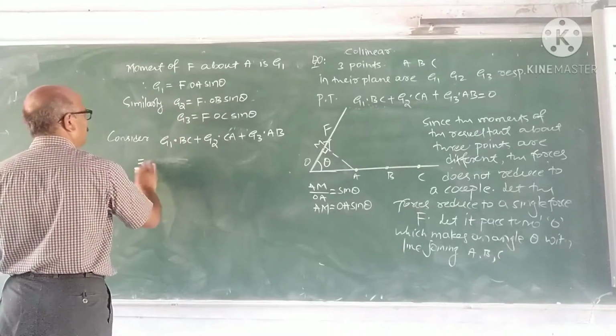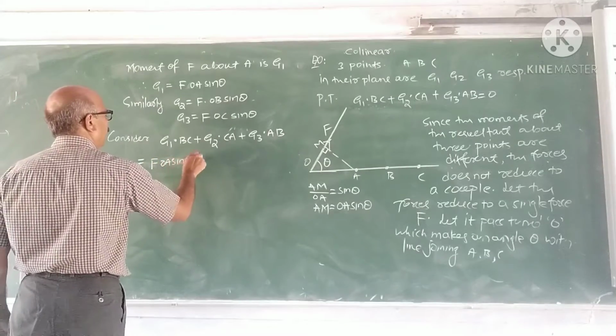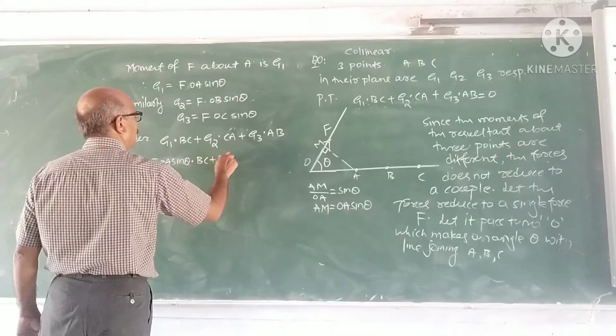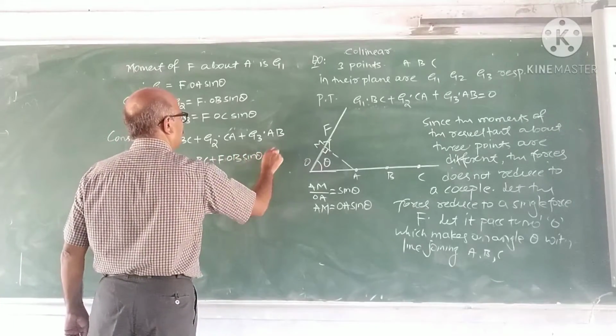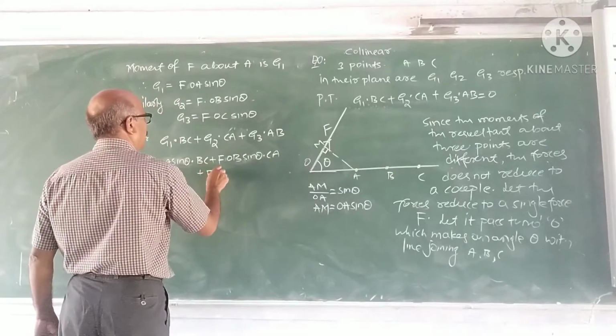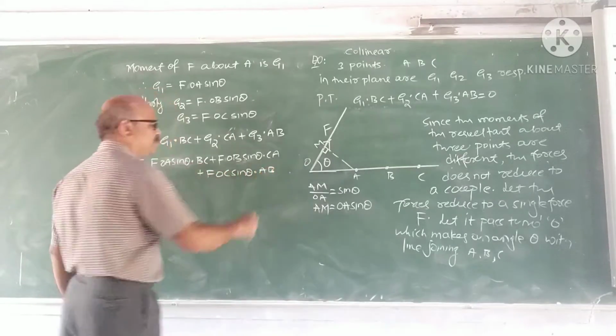Or I write one more step here: F into OA sin theta dot BC, F into OB sin theta dot CA, F into OC sin theta dot AB.